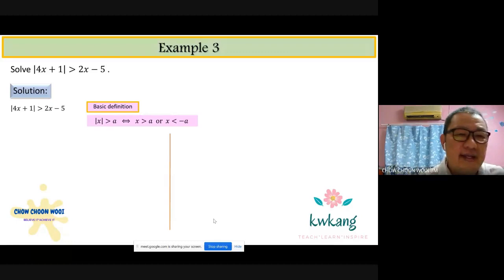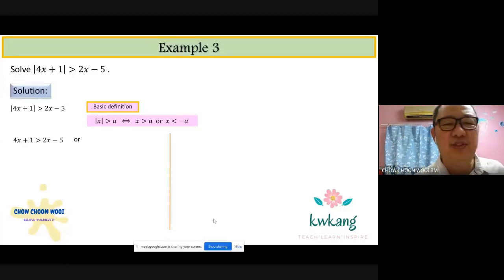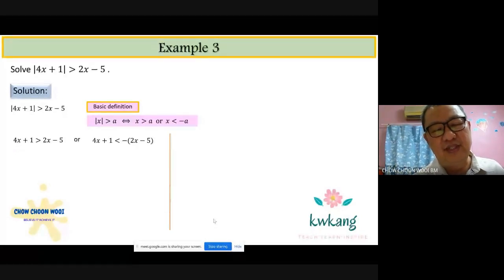Okay. Then for this one, 4x plus 1 is greater than 2x minus 5. Or, don't forget to write or. I see many people did not write or, and the definition has the or. So, 4x plus 1 is less than negative a, which is 2x minus 5.